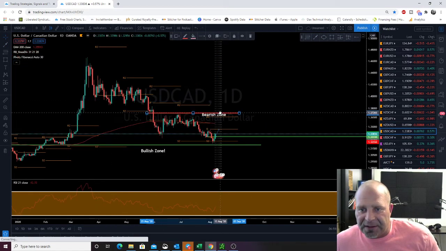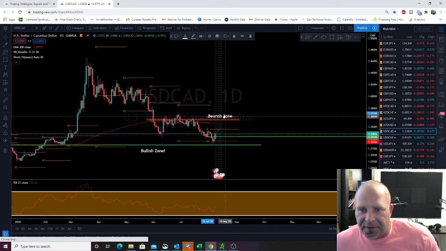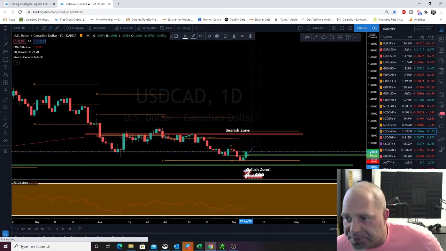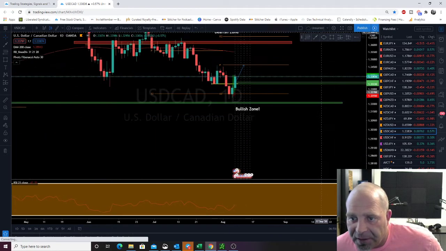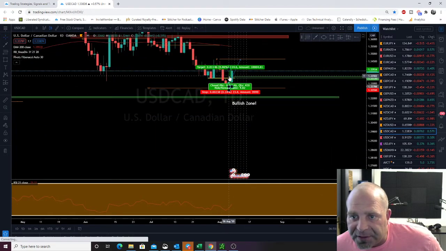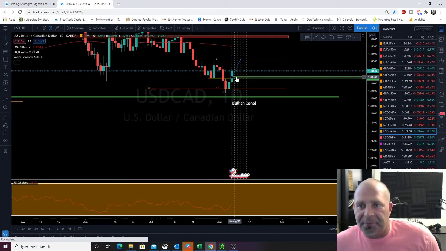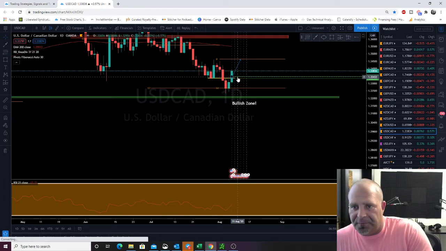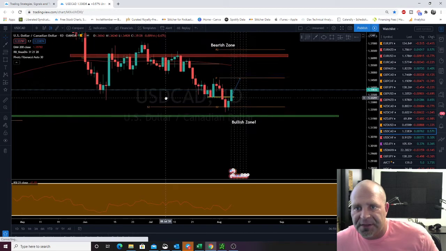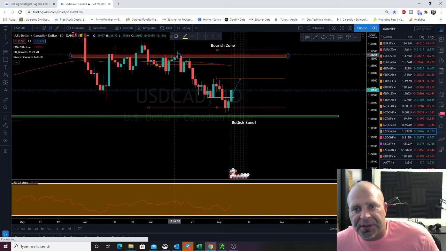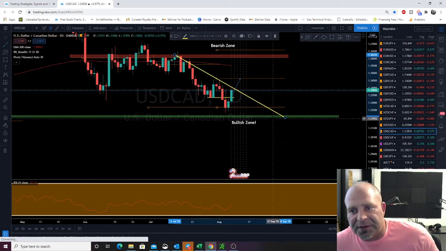USD CAD, everyone's favorite pair here. Got some bullish moves off the bottom here, and you can see there's a really good bullish trade. But I'd be careful here, right? Go back to our trend lines. I wouldn't get crazy bullish till we see a good break of this trend line.